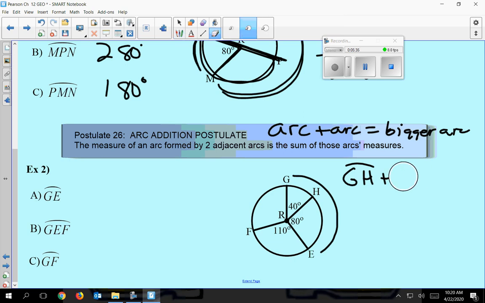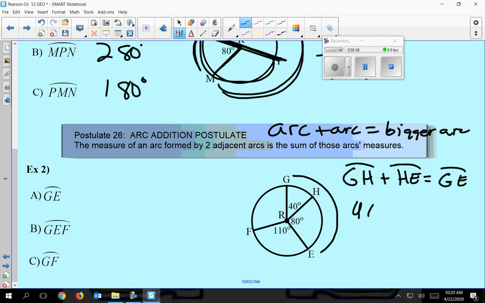Sorry. Not much neater, but hey. And that creates the arc GE. Okay. So that's going to be 40 plus 80 equals 120 degrees. So not rocket science there. Hopefully we get that. Not so bad.